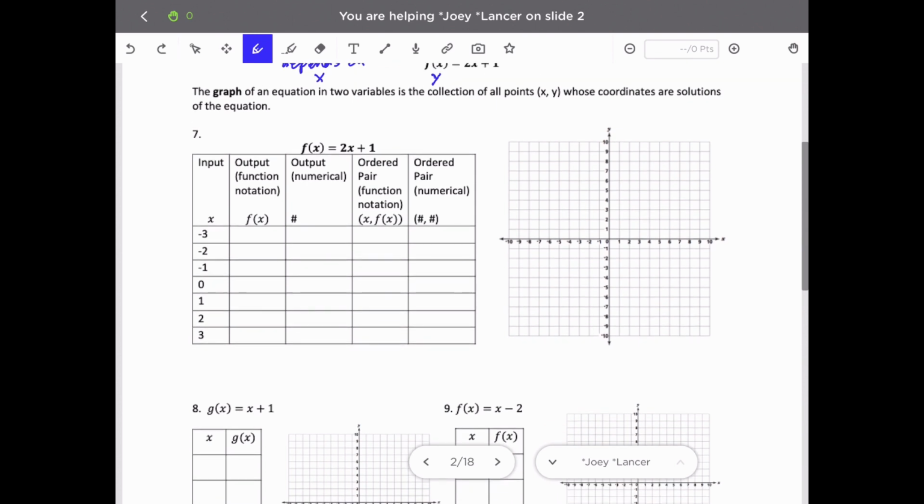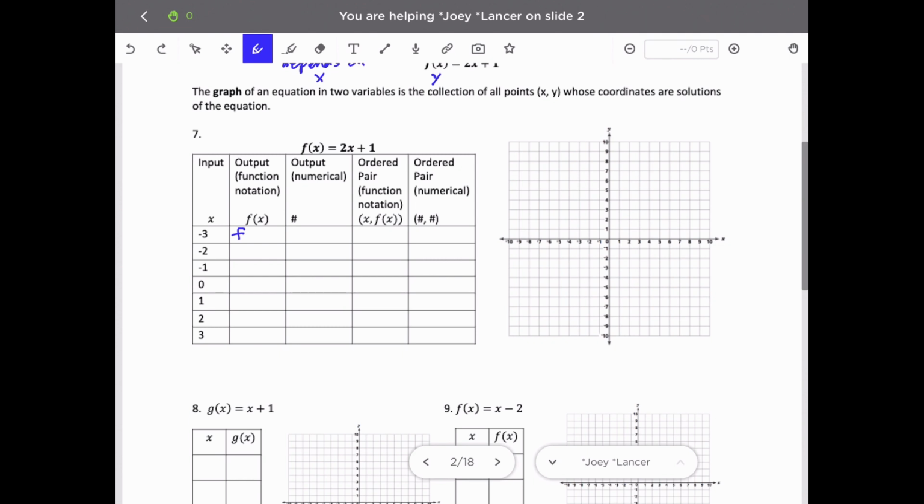So here, for number 7, we want to put in values for x and see what we get for f of x. The input would be whatever number we replace x with, and the output is the result, and we would just replace f of x with that result. So function notation is where we say, what is f of x when you have an x value of, for example, -3.